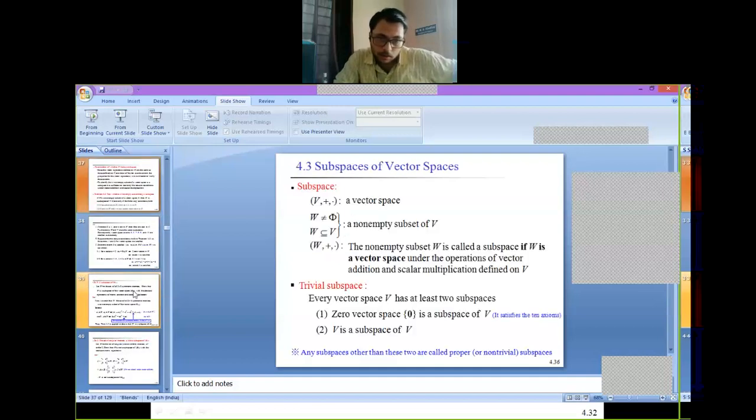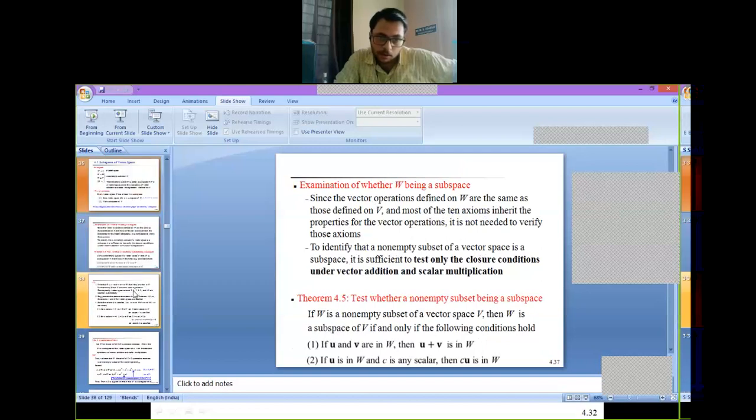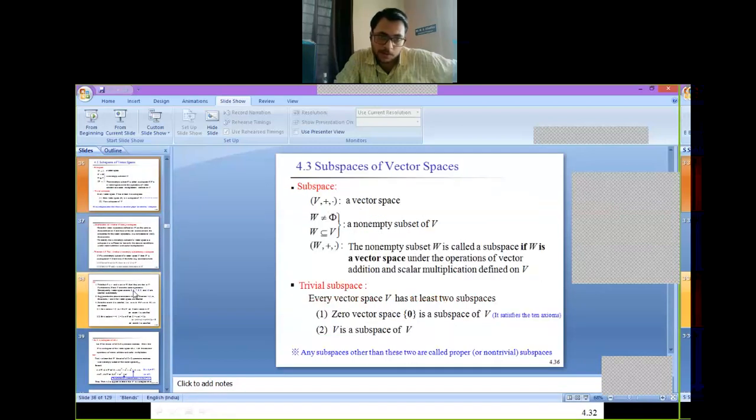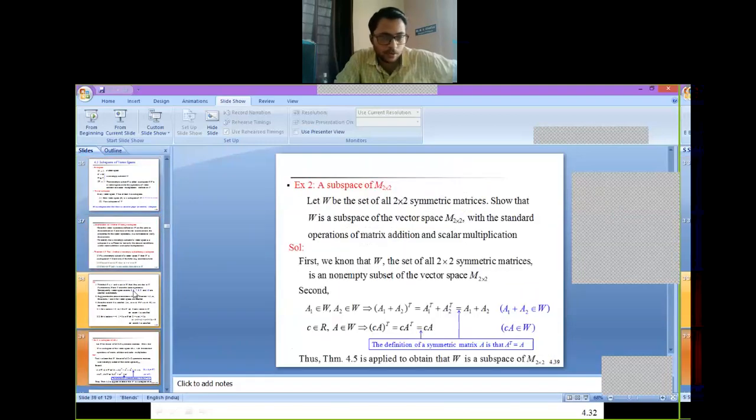Tomorrow we'll have the definition of subspaces, and in the tutorial we'll be solving examples based on subspace and vector space: how to call any space a vector space, and how to decide whether a space is a subspace of a given vector space or not.